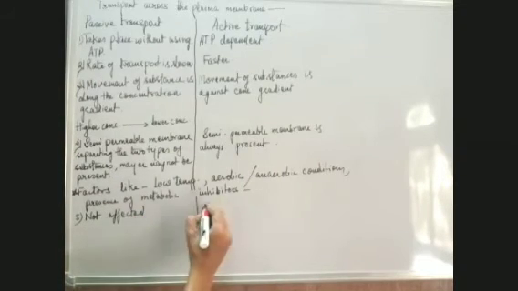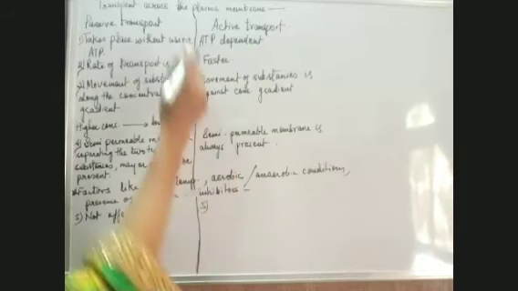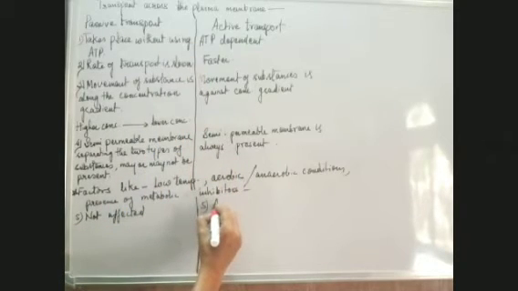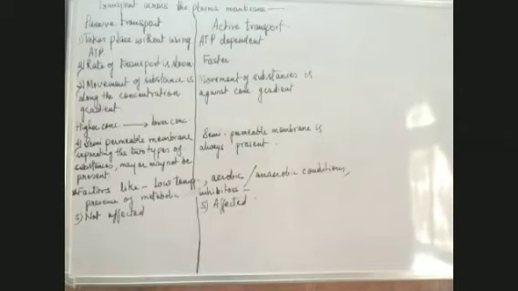Whereas active transport is affected by the presence of metabolic inhibitors. That means its rate slows down. Sometimes when the temperature is increased, the rate of active transport also increases. When the temperature decreases, the rate of active transport also decreases.